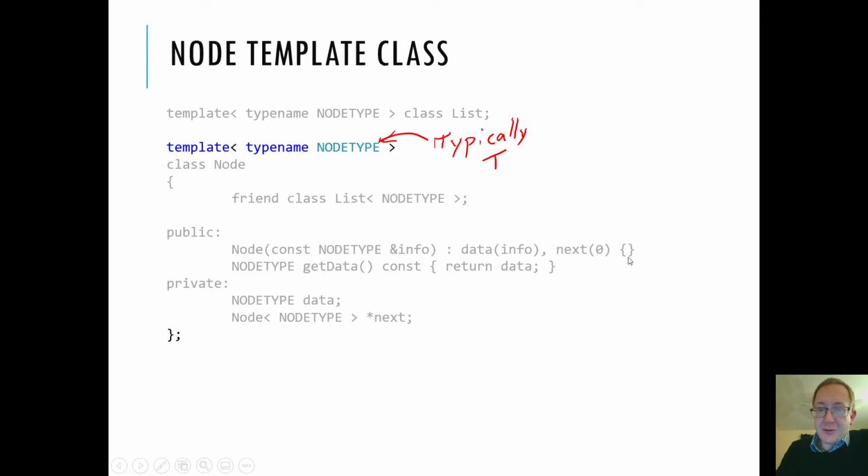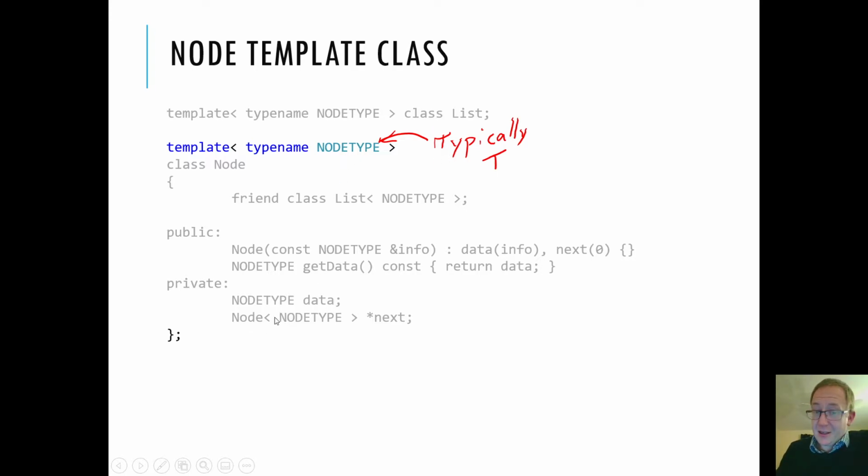And notice my actual definitions of the methods are right there in the class. By the way, I'm using the parent constructors, and here's my constructor at the end. My definition of my constructor is in the curly braces. Here's get data from my node. It returns the data, and the data is of this type, T or node type or whatever we want to call it.